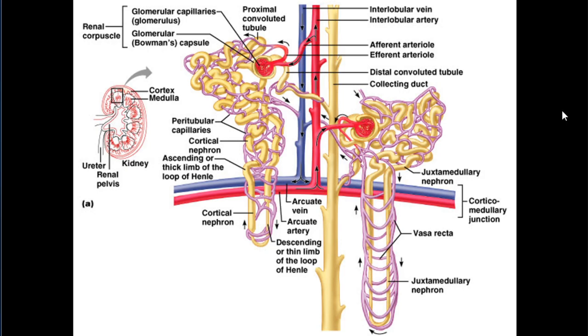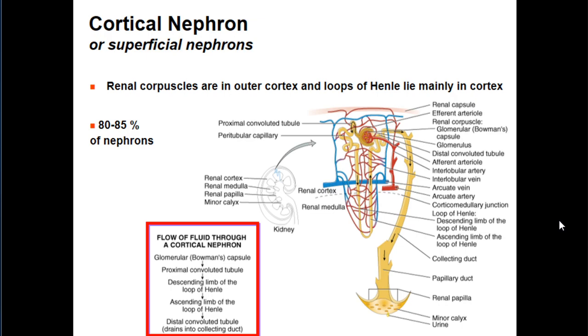So there are two types of nephrons. One is the cortical nephron or superficial nephron, and another one is the juxtamedullary nephron. For cortical nephrons, the renal corpuscles are located in the outer cortex, and the loops of Henle lie mainly in the cortex as well.